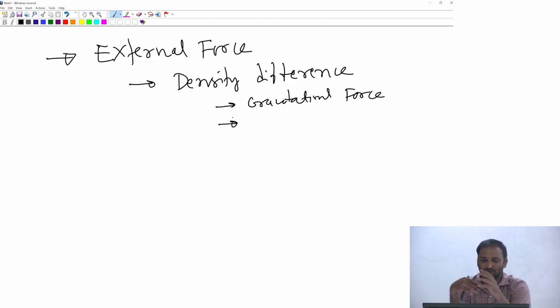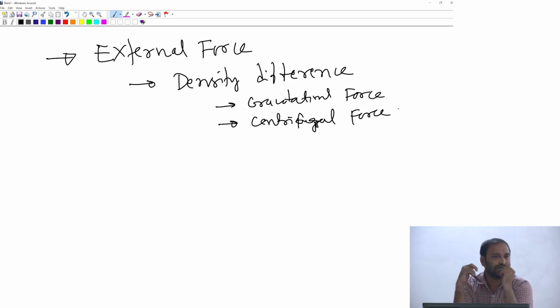So in that context you can use that. But can you think of centrifugal forces? Centrifugal force is again one force where I can exploit the density difference.